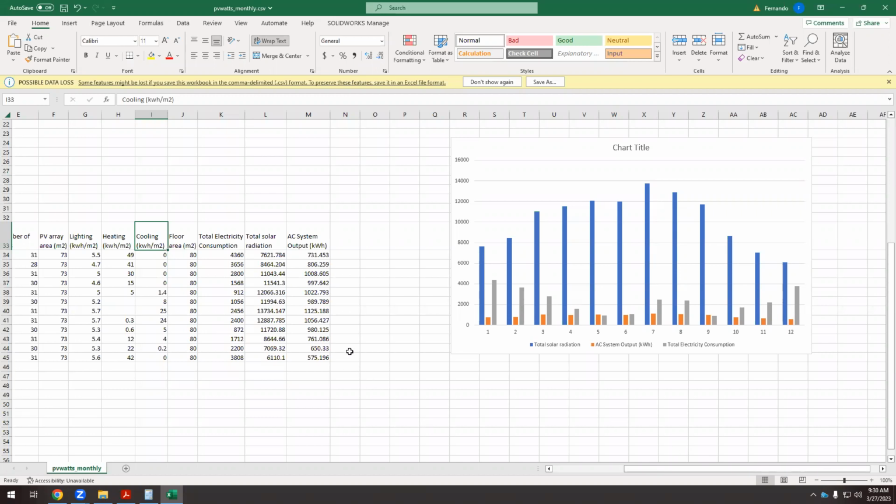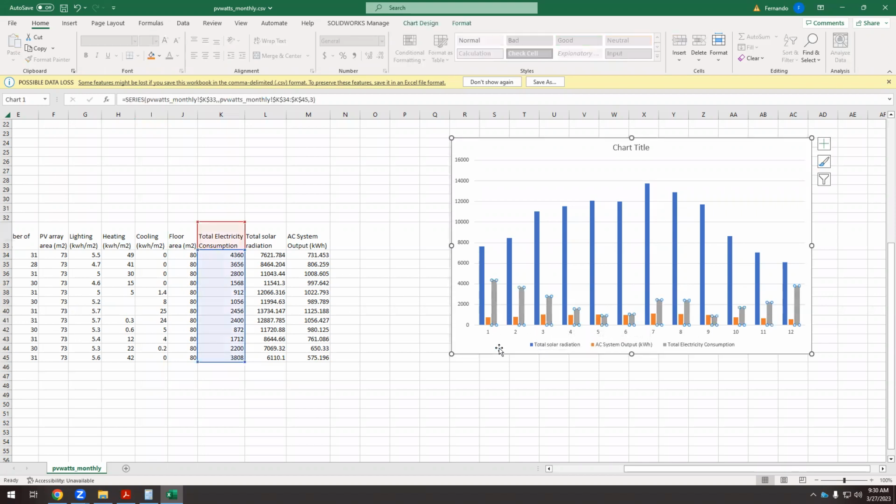But if we analyze this performance over the year, there are more things to a good design than just reducing the number of windows or whatever. So there are more things that we can do. So the goal is that the gray bars and the orange bars are similar throughout the year.